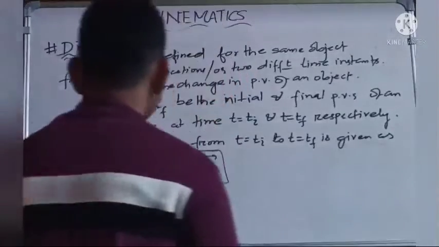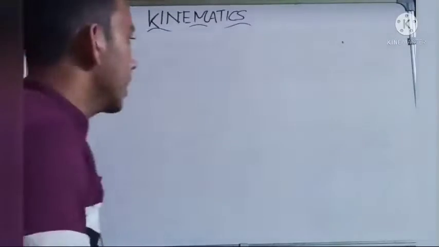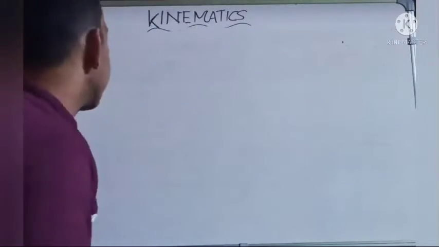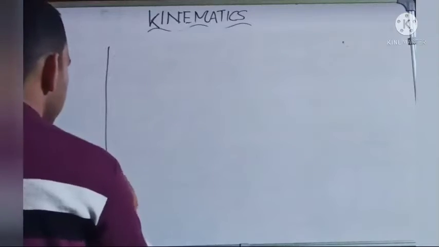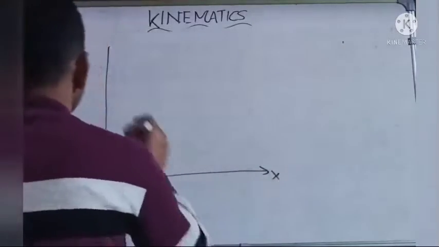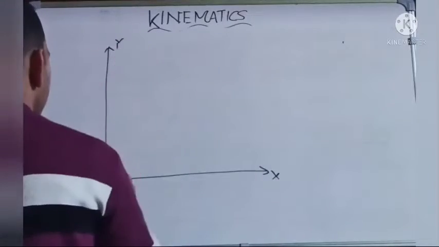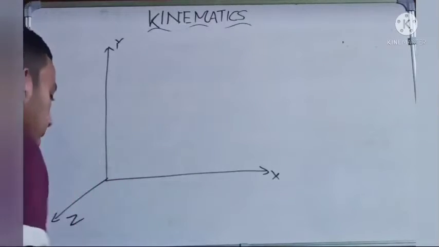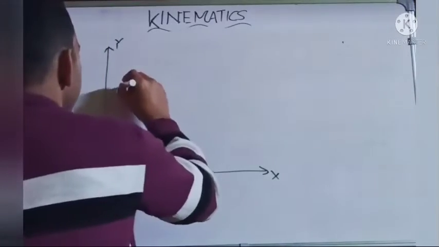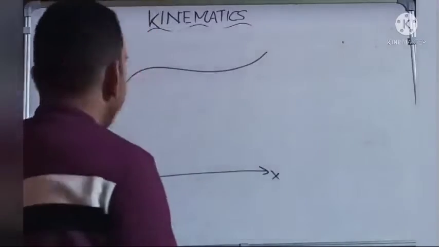Now let's see this concept diagrammatically. Let us draw the coordinate system or the reference system first. Let this be x-axis, this be y-axis, and this be z-axis. Suppose a particle is moving in this track.